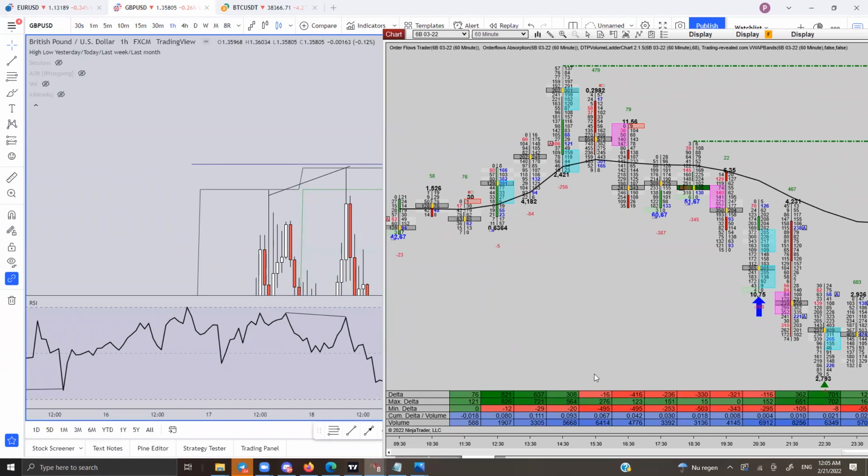But look at the delta now. The delta shifted from minus 20 to minus 495. That means sellers are very strong here. And when the candle closed, the main delta is also negative. So these are enough confirmations, because these things happen every day.